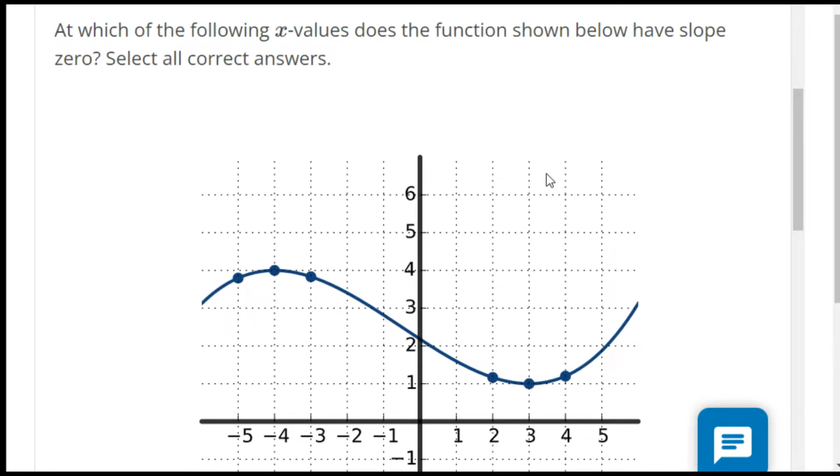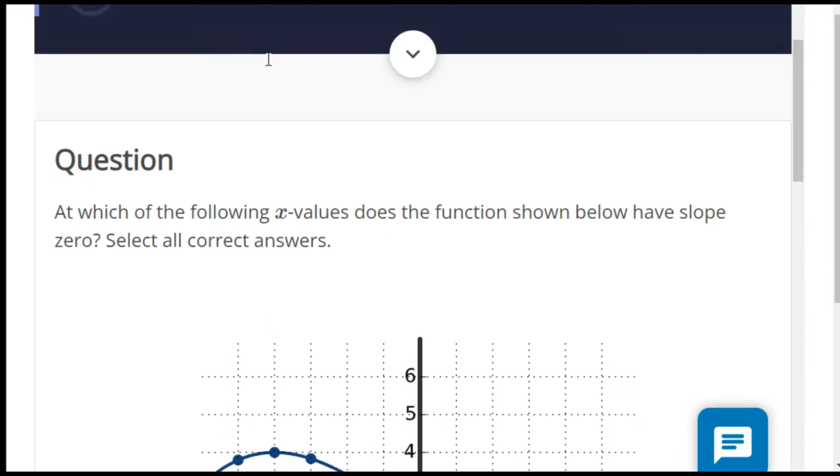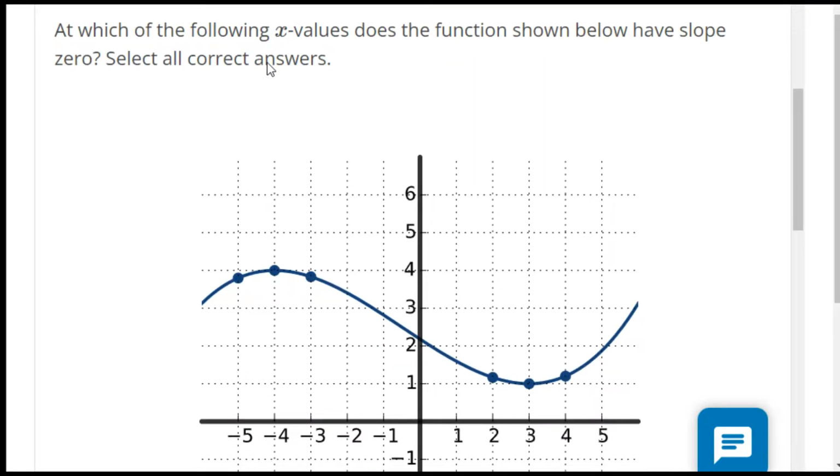Right? At which of the following x values does the function shown below have slope 0? I think that problem is not completely worded correctly. I think what they really mean to say is, at which of the x values does the function shown below have a tangent line whose slope is 0?